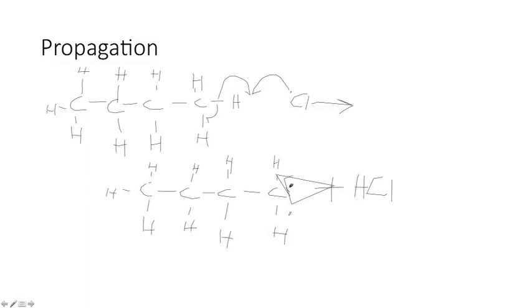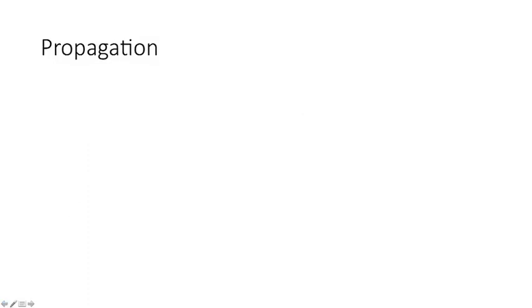So this free radical is going to react with our first reagent, which will be chlorine. So there's a second step to propagation, and let's just draw out our product that we just got.